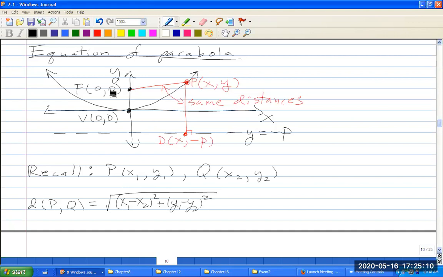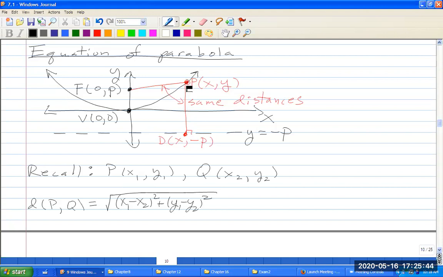Before I leave this picture, let the point on the parabola have coordinates x and y. Since the y coordinate of any point on the directrix is negative p, this point has a y coordinate of negative p. In order for it to be a distance from a point to a line, I want it to be the minimum distance.